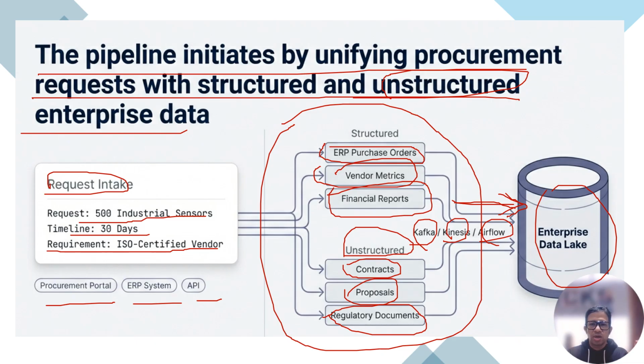This is the single source of truth, and it's where governance begins: access control, lineage, auditability, and consistency.